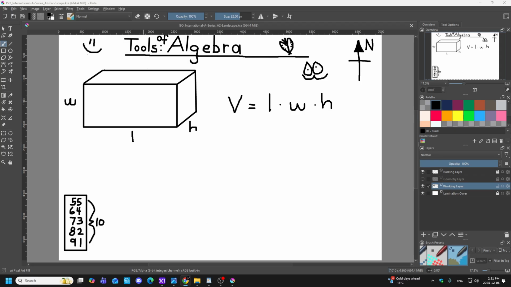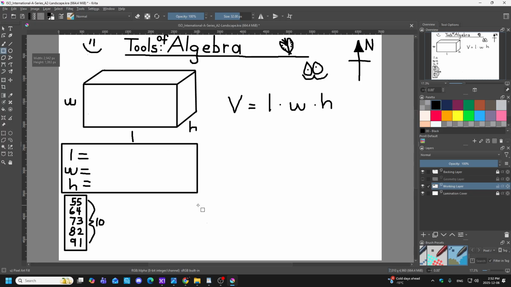So, now the givens, I could write them, I guess. Let's see, how do I do this? L equals, W equals, and H equals. Kind of just squeeze it all here, I guess. And then I'll just go like this. There we go. There's our working space.